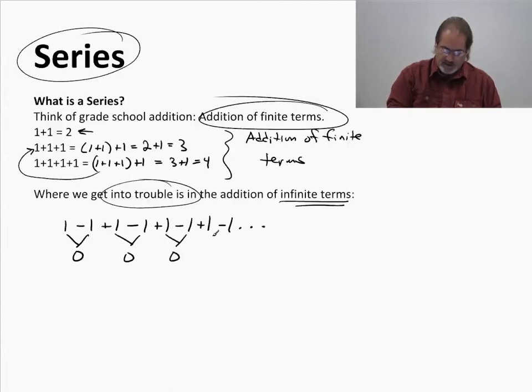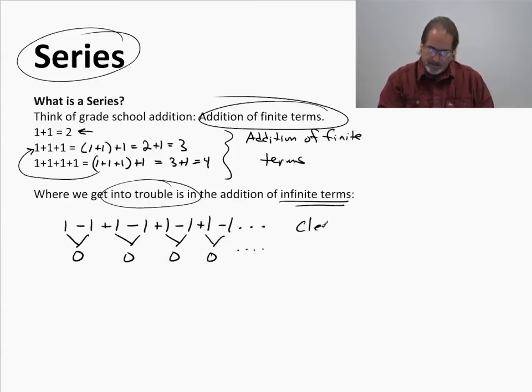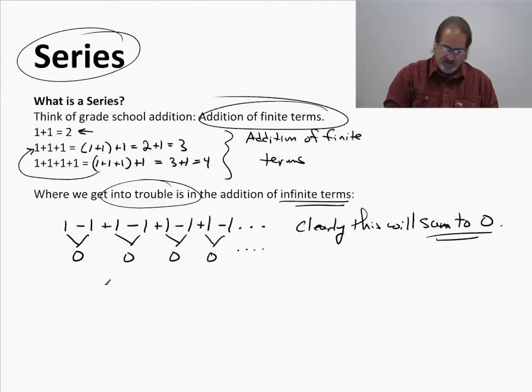So I'm going to have this infinite number of zeros. So if I simply add them all up, clearly this will sum to 0.